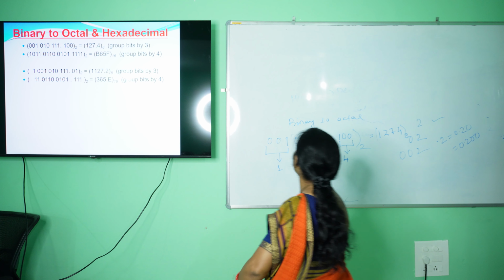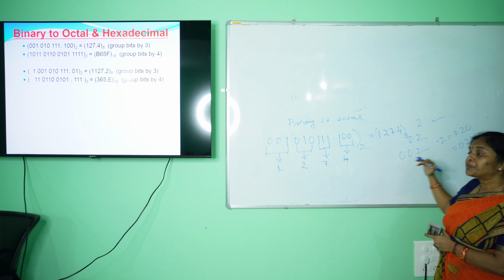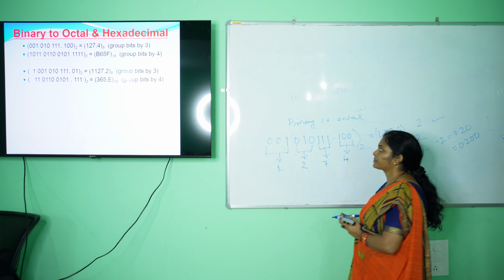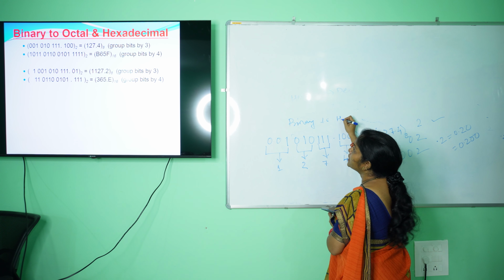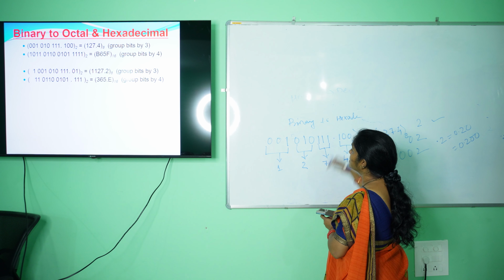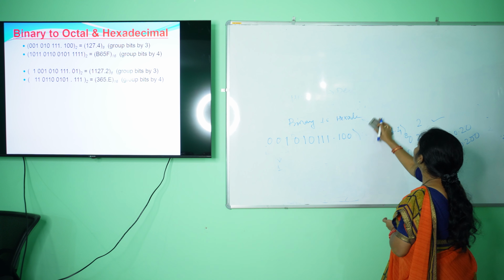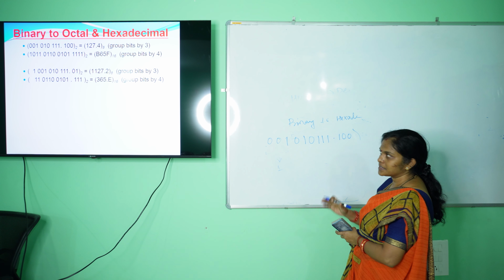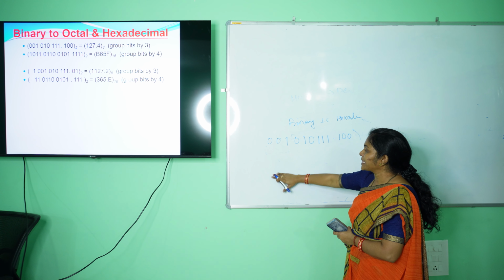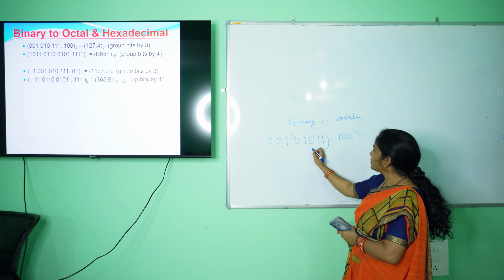Again I am recalling: whenever you want to convert binary to octal, you have to group the bits by 3. And if it is binary to hexadecimal, the principle is the same, but you have to group by 4, not by 3. How? 1, 2, 3, 4, make it 4.